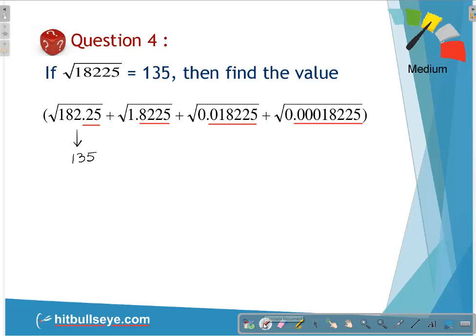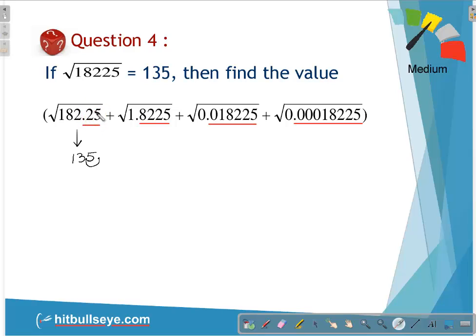But friends, to find the root of the original number, what we do is, we count the number of decimal places in each number, and while taking the root, we shift the decimal by half of the number of places. So when I say half, that means in the given number there were 2 decimal places.